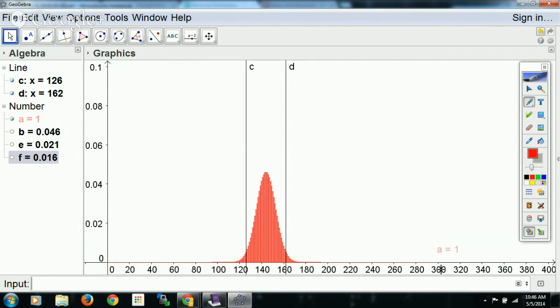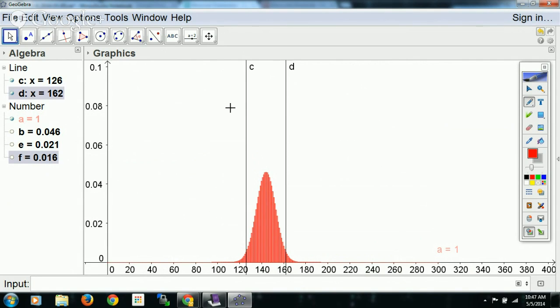Right? Instead of being 150, our mean is actually 144. So that means there's more probability to the left of the median, 150, than to the right.